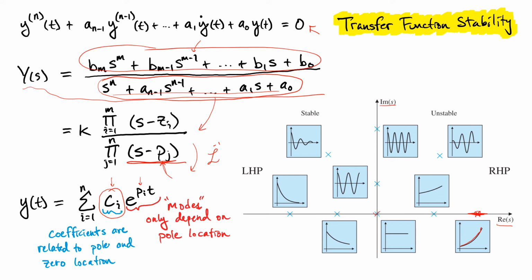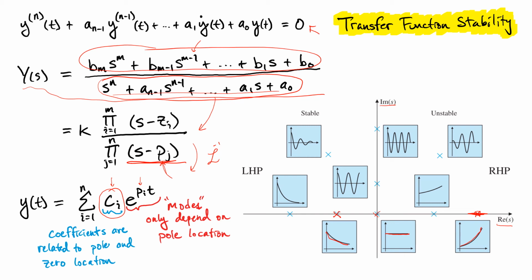Here, if you have a pole that's 0, that mode looks like just constant behavior. Again, very similar to the first order. If you've got a negative pole, then you get stable behavior in that mode, and that's again just like our first order example.